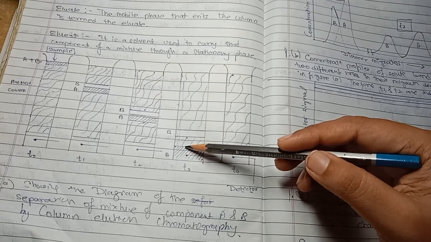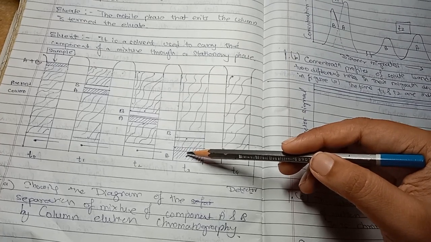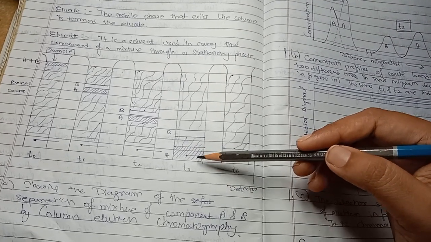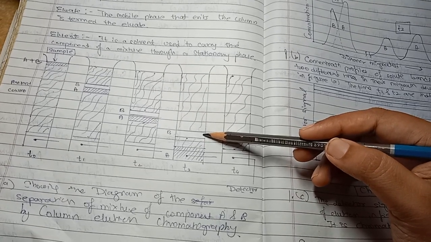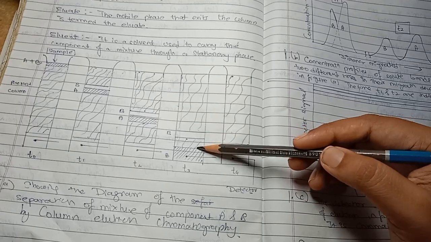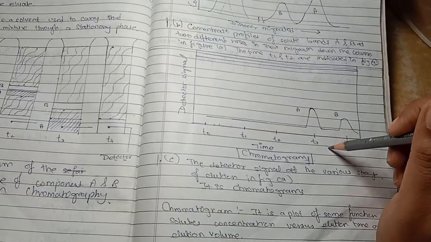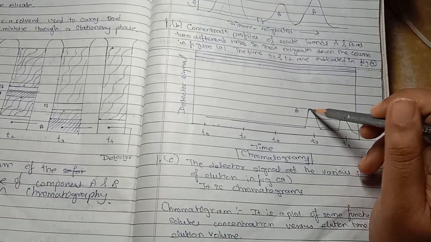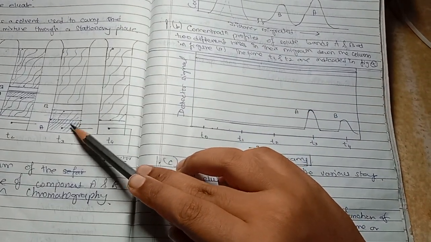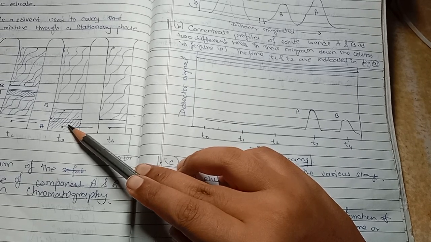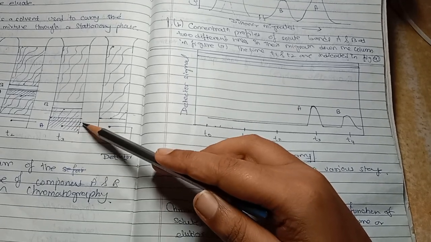When it is successfully separated, the concentration of component A has completely moved out of the packed column, and the B component is separated and much further away from A. So here in this graph, this is T3. At T3 we can see A and B components are separated, and the component A concentration is moving out of the column first.